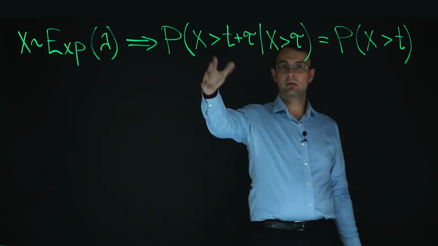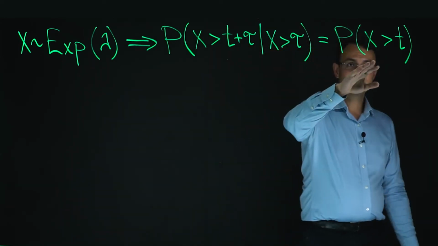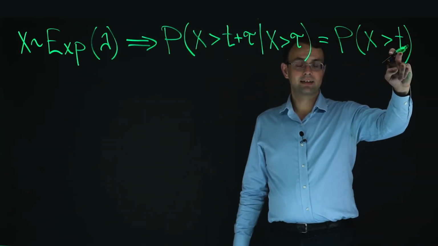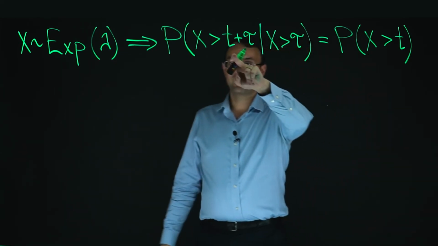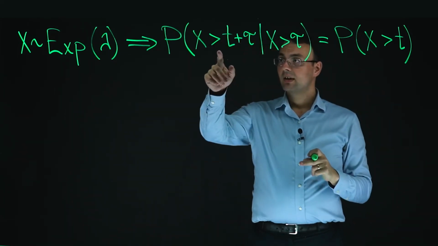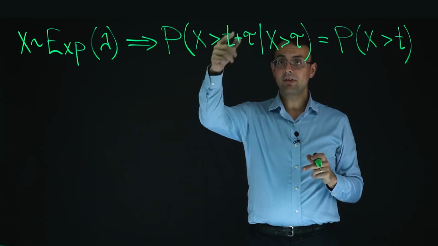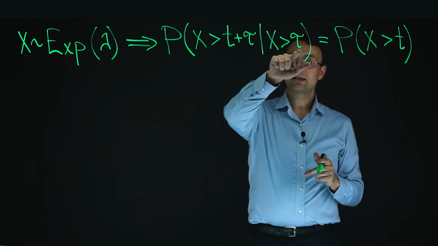So it's how long you will wait for the next customer. This is probability that you will wait more than t minutes. And this is probability that you will wait more than t minutes after you have already waited for tau minutes.